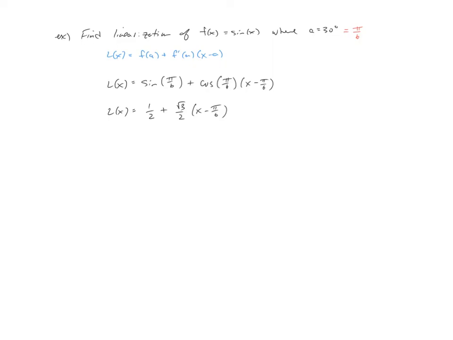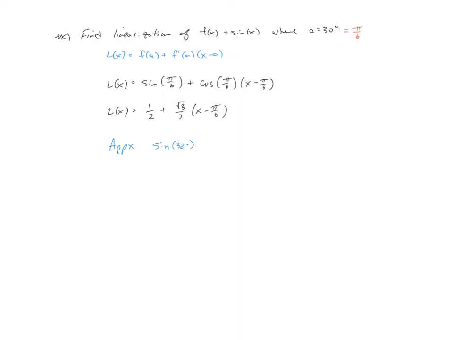So this is our linear function now, the linear function that's going to approximate what our function is doing. Now, what I want to do is take it a step further. I actually want to show you how it approximates. So we're going to approximate sine of 32 degrees. I think most people would agree that 32 is pretty close to 30, but it's not exact.